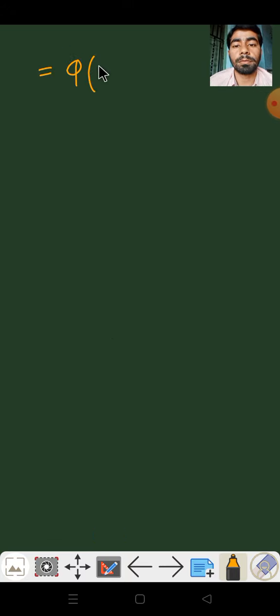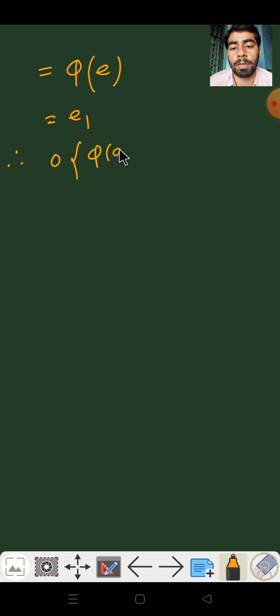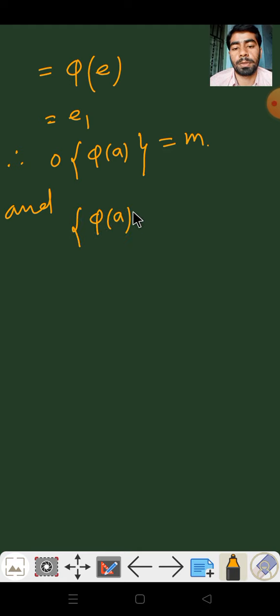Now, as we know that the order of A is n, this will be E, and which will be E1. Therefore the order of phi of A equals m, and here we have seen that phi of A to the power n equals e1.